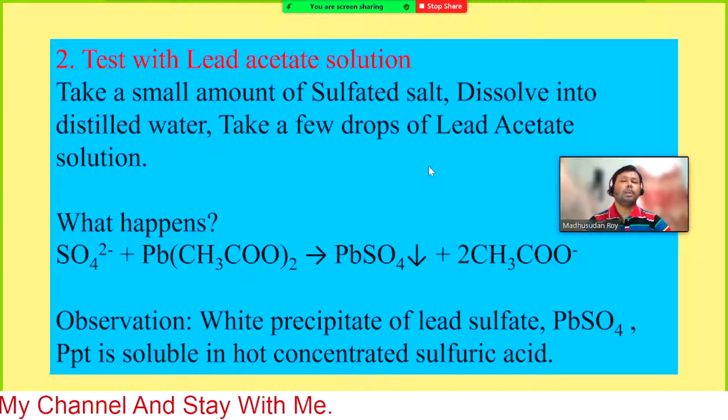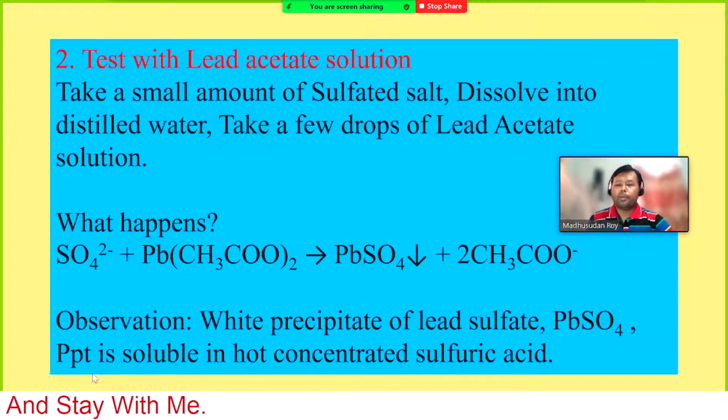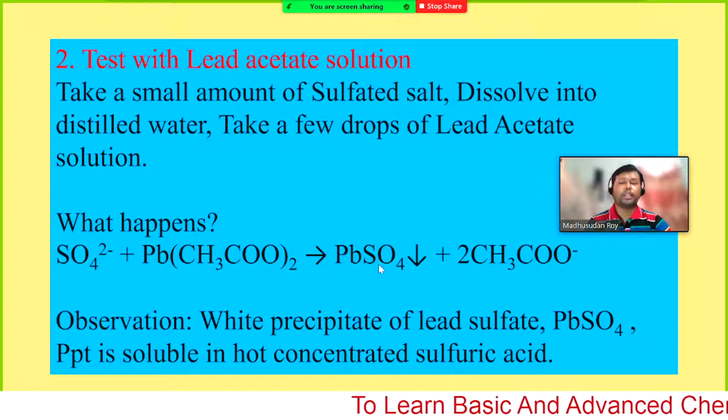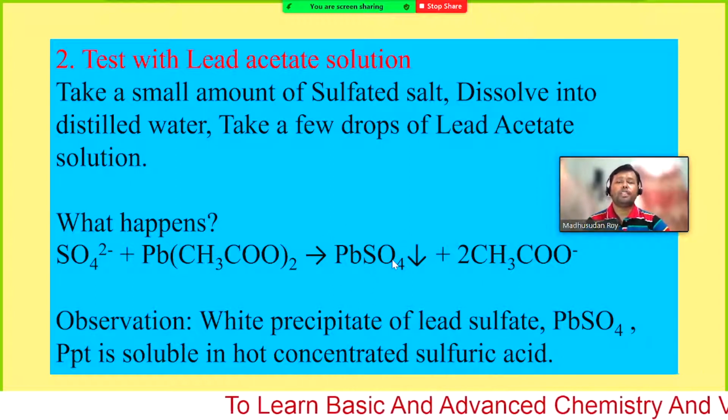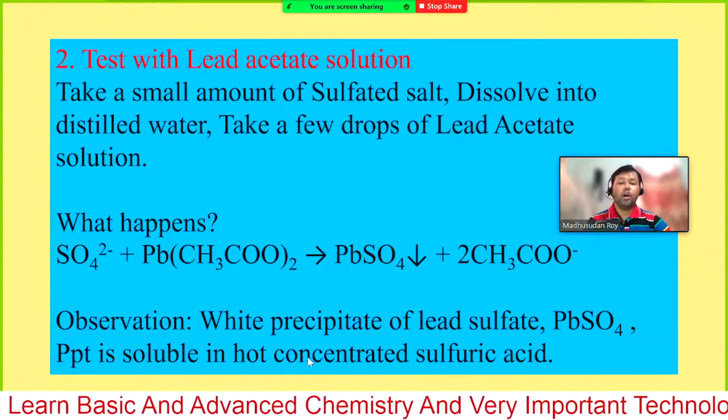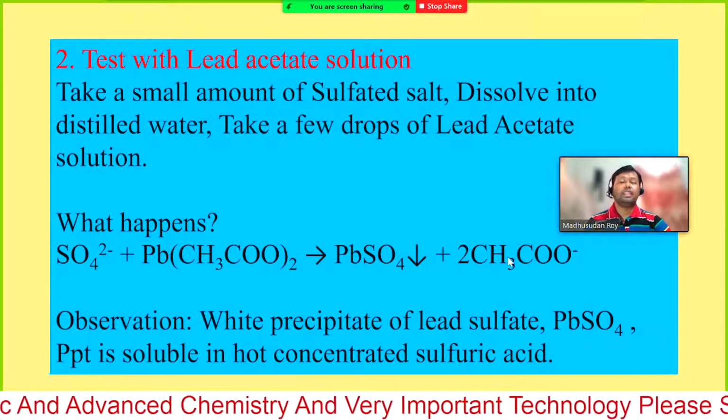If you observe the white precipitate, that can give you the confirmation of presence of sulfate in your sample. However, you can perform another observation. The precipitate is soluble in hot concentrated sulfuric acid. That means if you add hot concentrated sulfuric acid to the white precipitate, this is dangerous.